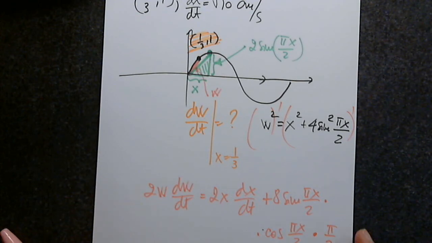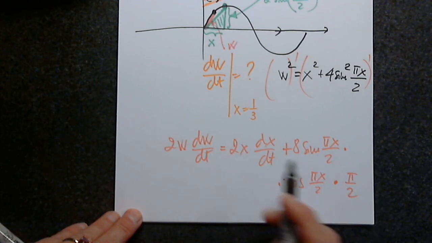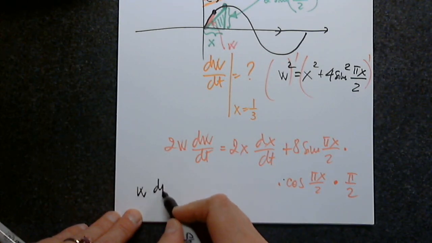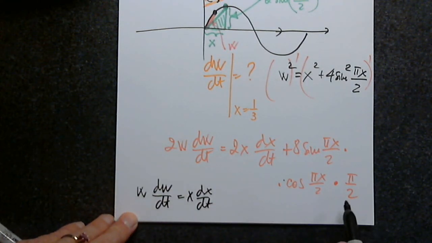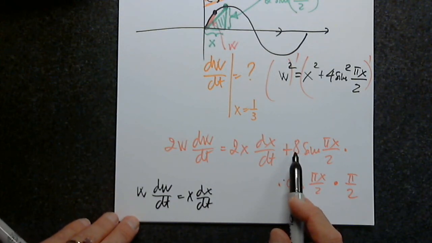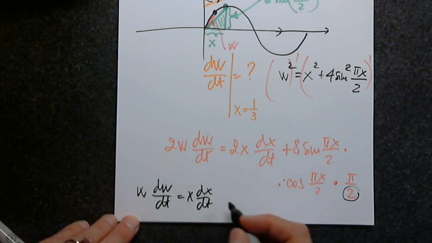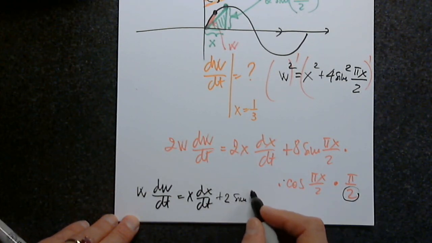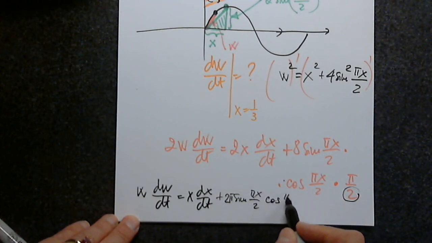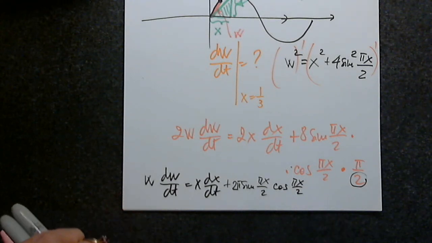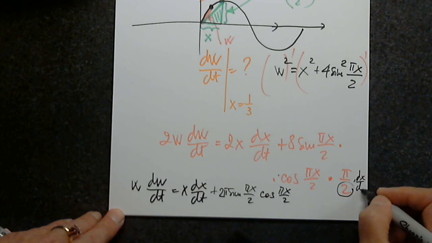of course, I will divide both sides by 2. So we have w dw over dt equals x dx over dt plus, this is divided by 2, so I have 4, but I also am going to divide by this, so I have plus 2 sine, I'm going to put pi next to it, pi x over 2 cosine pi x over 2, times dx over dt.